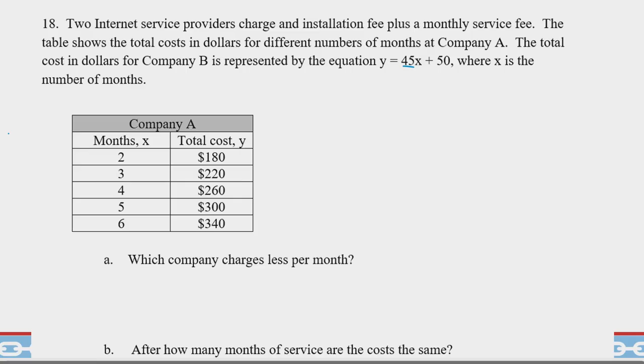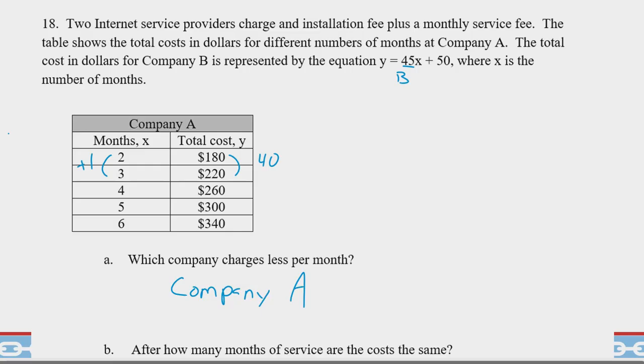So company B charges $45 per month, right? That is their cost per month. Company A, we'd have to calculate, right? Goes up a month. How much did my bill go up? It costs $40. So company A charges $40 a month, while company B charges $45 a month. So company A charges less per month.